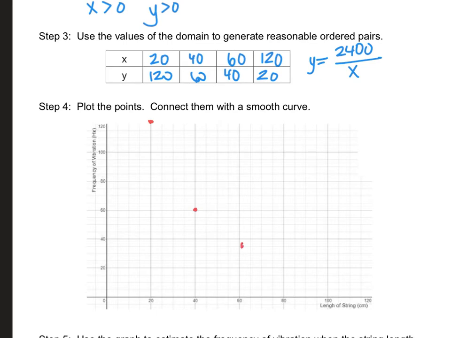Oops, that was not in the right spot. Let's try that again. There we go. And if x is 120, so I went all the way to the edge to see where this was heading toward, y is 20. So connect them with a smooth curve. So we've got our inverse variation from our word problem graphed.